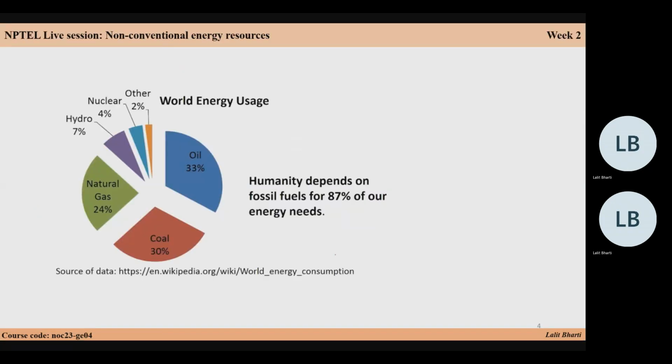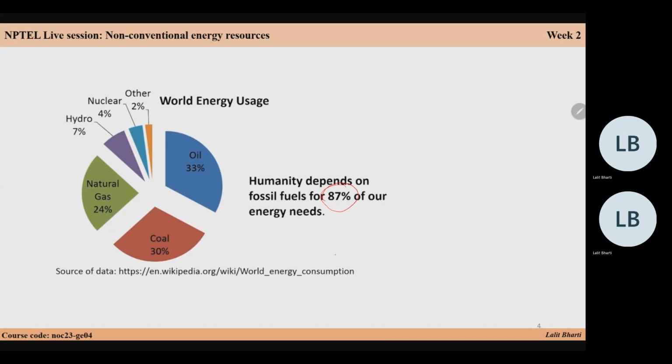So basically, we were starting from the world energy uses. We are interested in the overall world energy uses and how this energy is produced. Till now, 87% of all the energy used by humans is produced from fossil fuels.